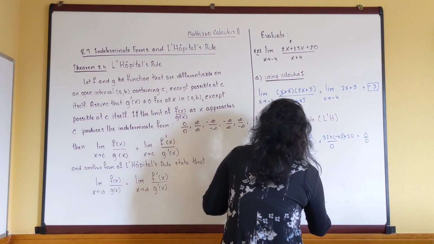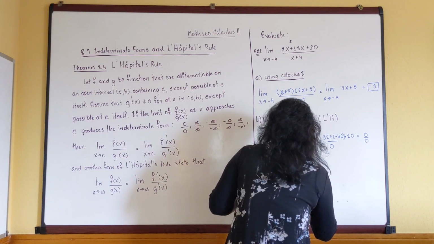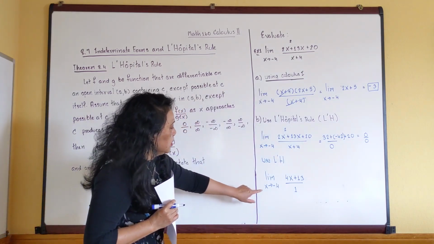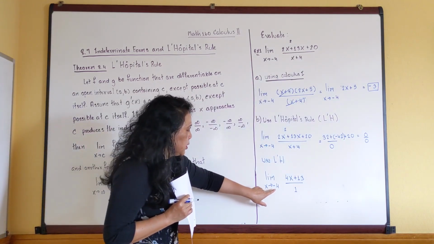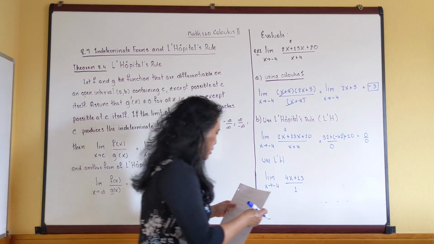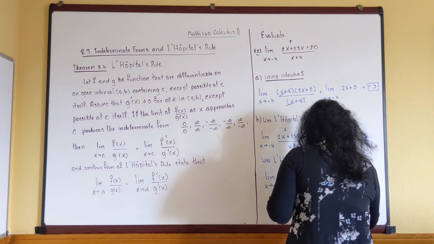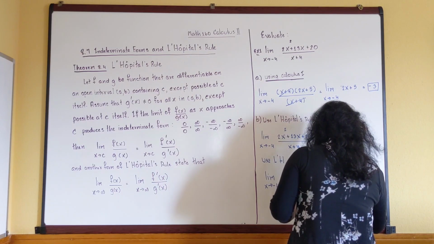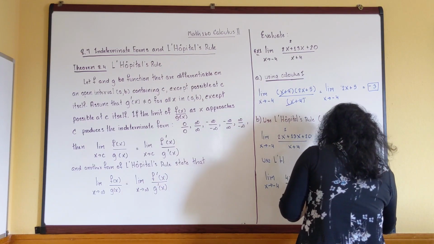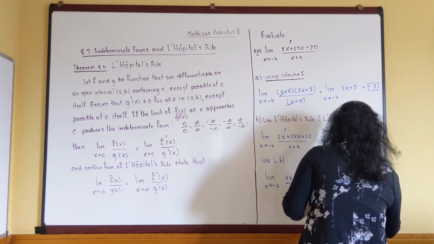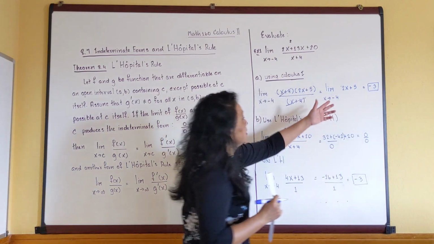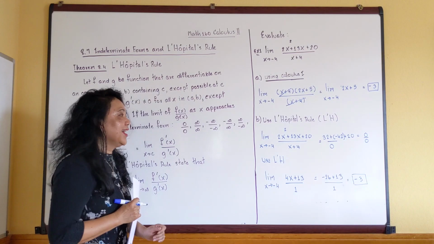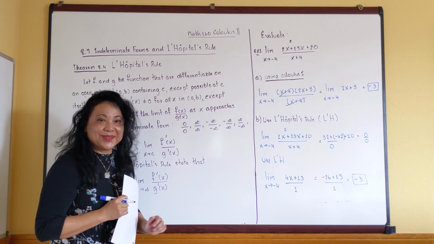And in the denominator I have 1. Now I can do direct substitution here. Substitute negative 4 for x, then I have negative 16 plus 13 over 1, which is negative 3, the same answer.